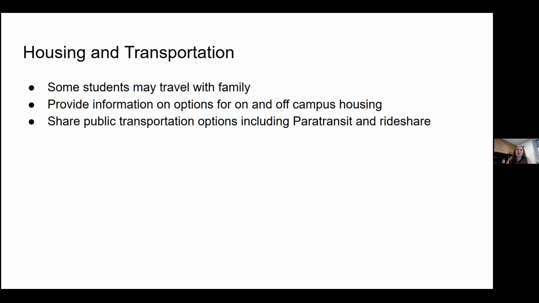Many students, if they are a PhD, master's, or professional student, will be traveling to the United States with their family. And we have very limited family housing on our campus, and it's normally full.